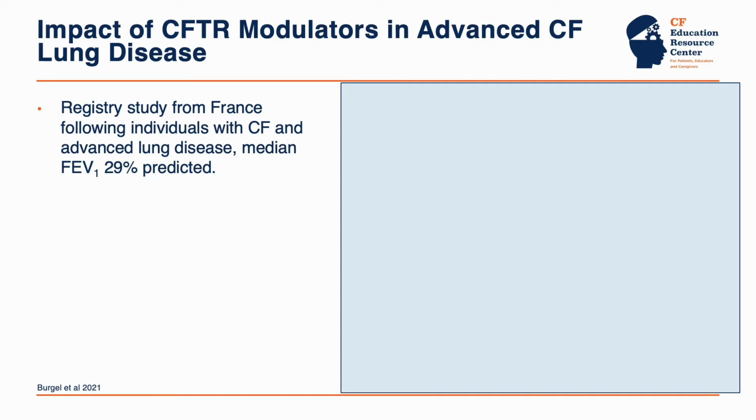On average, the group had an FEV1 of 29% predicted, so really quite low lung function. After beginning the triple drug combination, they had an increase in their FEV1 between 11 and 14%, and their nutrition improved with weight gain of 2 to 4 kilograms.